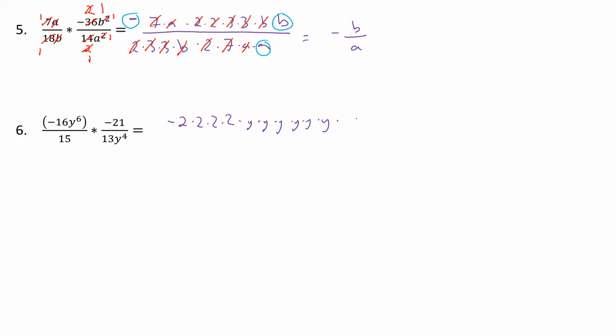And then times, and now we have, let's maybe put that negative 2 in parentheses so we can keep track. Then we have a negative 3 times, here we have a 7, and then we have all over, and 15 is 3 times 5. Now 13 is prime, so that's times 13, times 1, 2, 3, 4 y's.